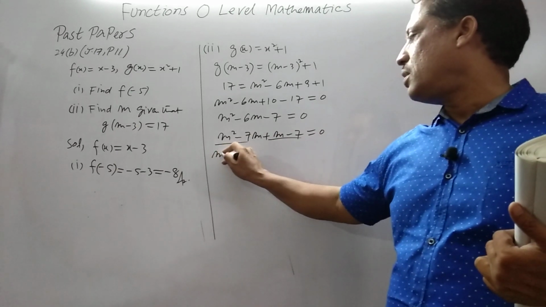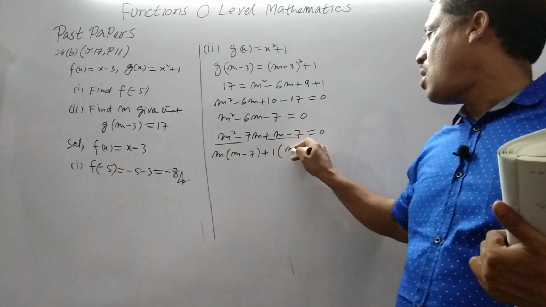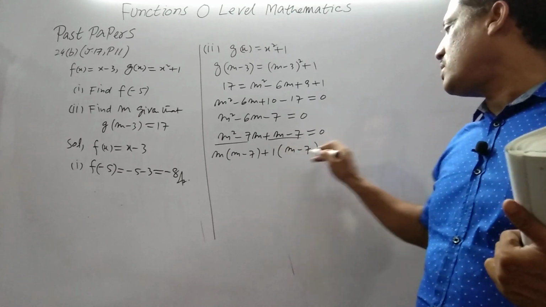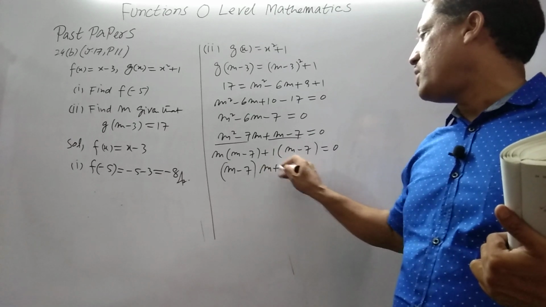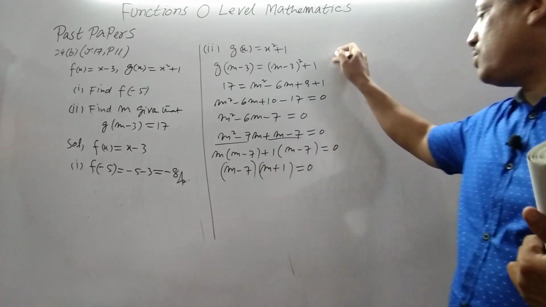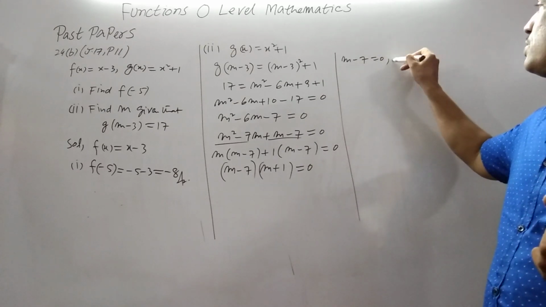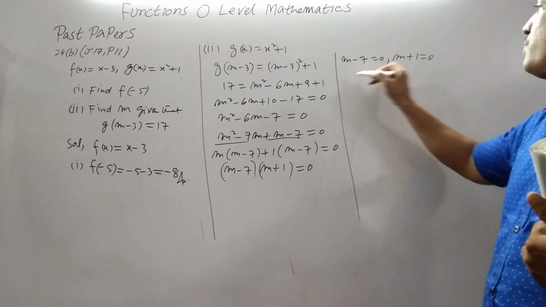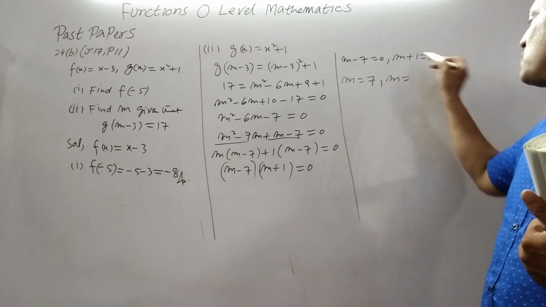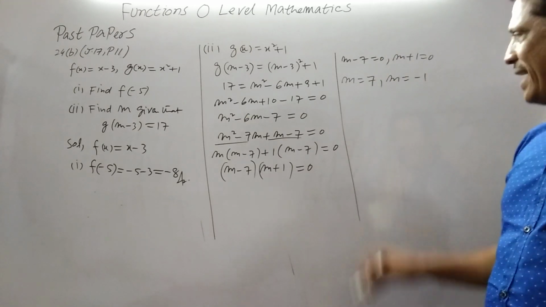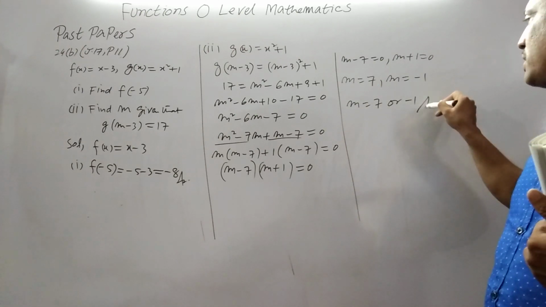Make factors: take m common, m minus 7, plus take 1, m minus 7 is equal to 0. m minus 7, m plus 1 is equal to 0. This implies m minus 7 is equal to 0, m plus 1 is equal to 0. Move the minus 7 to the other side, and move the 1 to the other side. Hence our answer is m is 7 or minus 1.